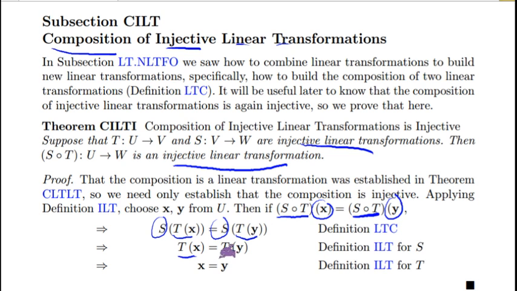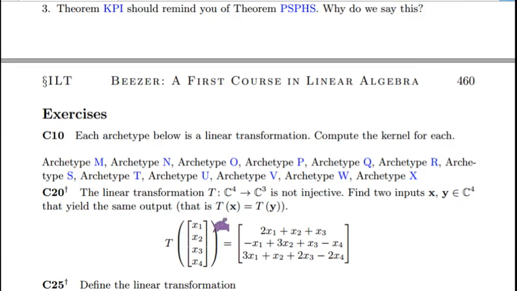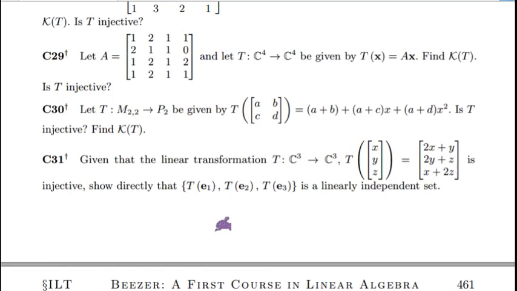That gives me T of X equal to T of Y. Then since T is injective, whatever's inside here must be equal to whatever's inside here. So X must be equal to Y. Again, if you've had functions in discrete math, you know that the composition of one-to-one functions is one-to-one. And that finishes this section on injective linear transformations.